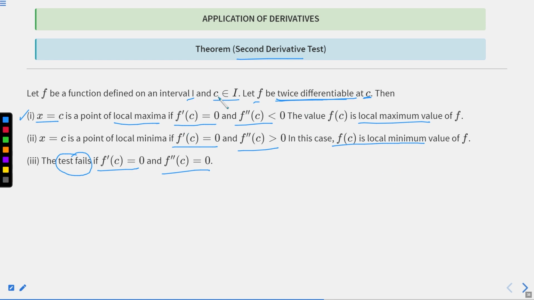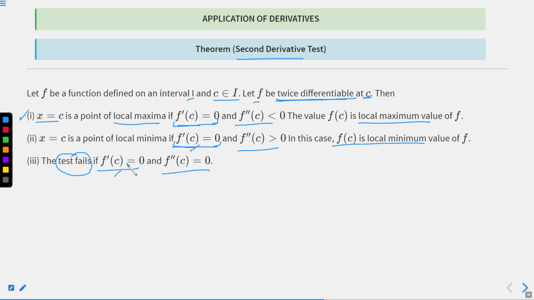In this, if you have to use the second derivative test, your function must be twice differentiable, then only you can do it. First of all, the common thing is that you have to find f prime C or f dash x and then put it equal to 0, and whatever points you get will be your candidates for local maxima, local minima or inflection points.